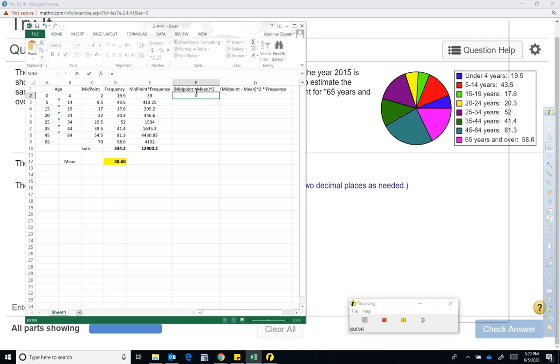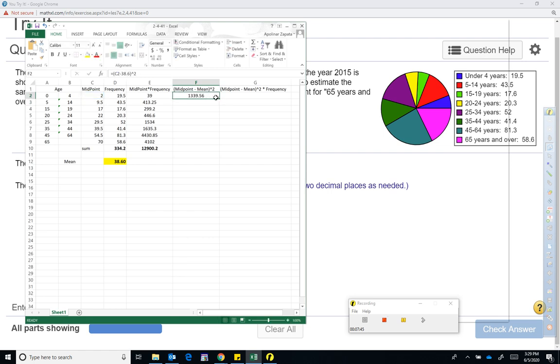Equals, inside parentheses, the midpoint, which is this number, minus the mean, which is 38.60, close parentheses, raise the result to the second power, so we insert the caret, that is for powers, and then 2, second power, and enter.